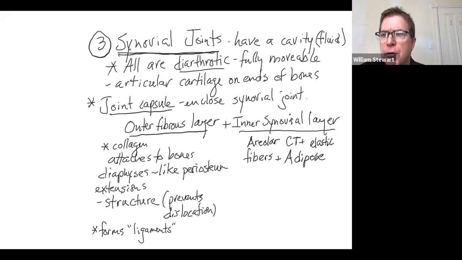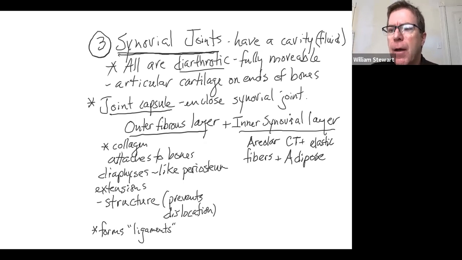That adipose tissue is to help with articulation. All right, now I'm going to draw a basic synovial joint for you on the next page, and we'll talk a little bit more about the structure of it and its function as well.